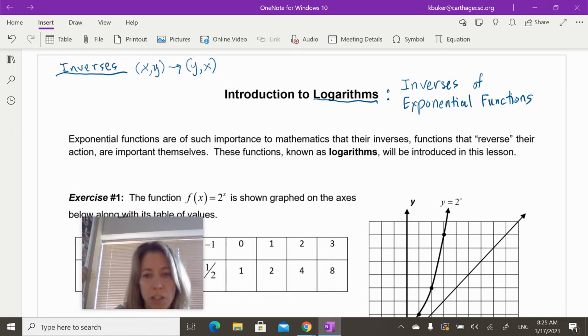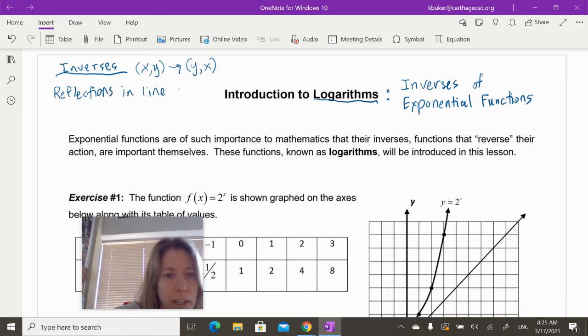Since we're switching the x and y around, we can also see the graph of this. It's a reflection. Inverses are reflections in the line y equals x. So that's what we're going to explore on this page.